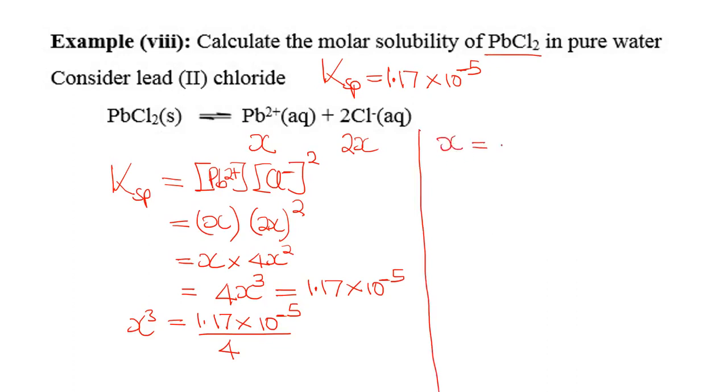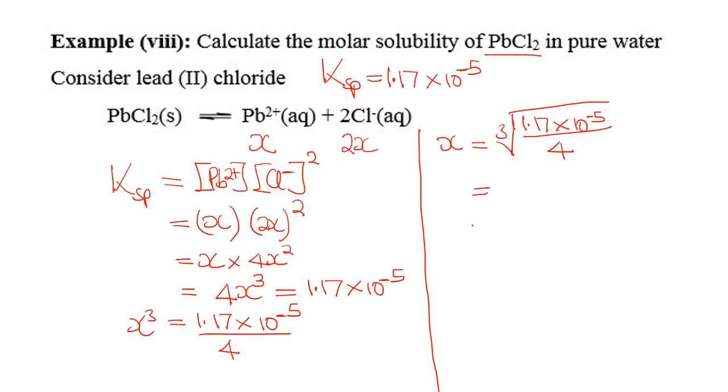X is equal to the cube root of 1.17 times 10 to the negative 5 divided by 4.